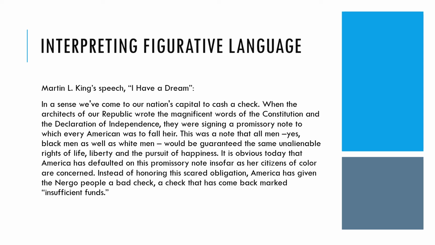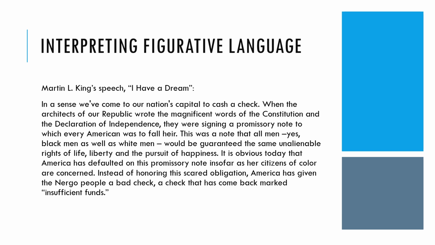And with the phrase promissory note, he's referring to a promise that was made to the American people. So promissory note is another phrase for a loan. Today we would call it a loan, but it can also be called a promissory note. The legal document is a promissory note. And later when he uses the phrase bad check, he means that this promissory note, this promise, was not upheld.